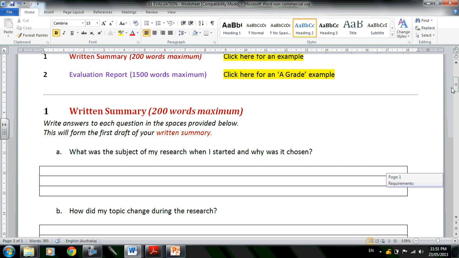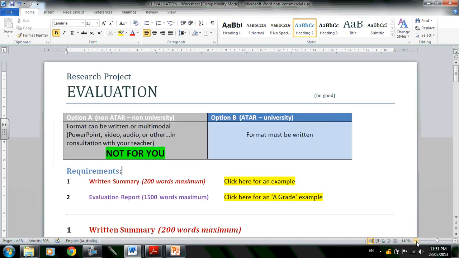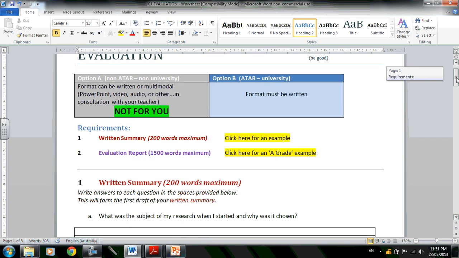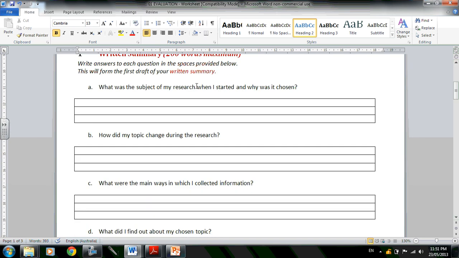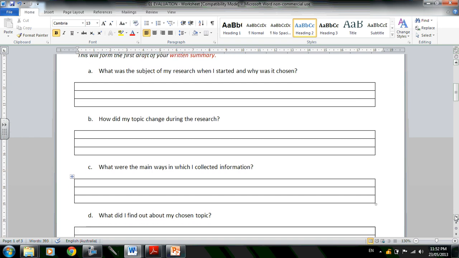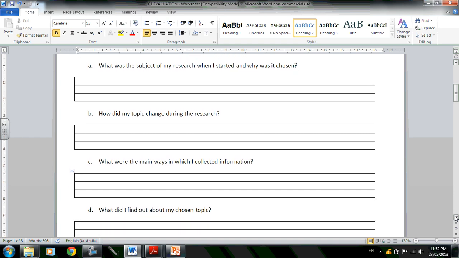Let's go back to the written summary. Again, I'm telling you that this is for those who don't have any idea, they don't know what to write in their research project, and it's a good idea to see it in total. So you write in the summary what your subject was, how your topic changed, what were the ways you collected information, primary and secondary sources.